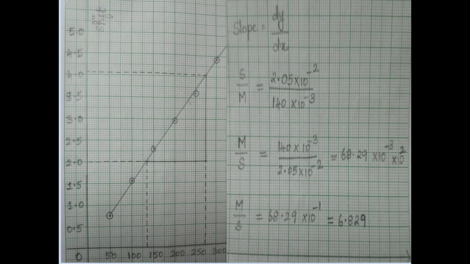When you divide, we get 6.825 into 10 power minus 3. The power in the denominator, when it goes up, you get 10 power 2. So m by s is 68.29 into 10 power minus 1. Let us push the power inside, so you get 6.829. So we got m by s as 6.829.